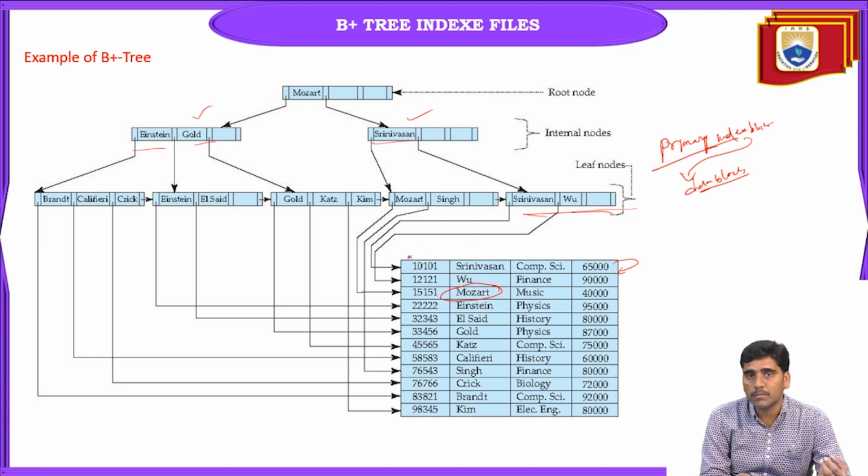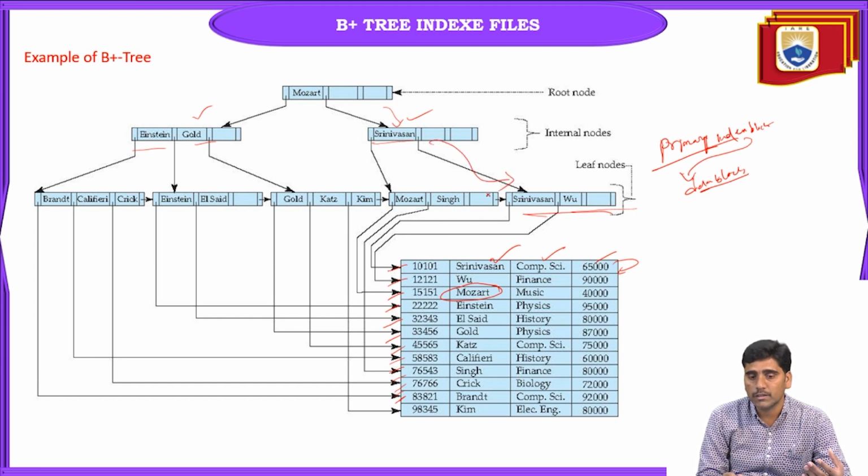Whenever it points towards the next record of the data, it automatically retrieves it for display. Whenever you search for a particular instructor ID, instructor name, instructor department, or instructor salary, the root node points to the internal nodes, and the internal nodes point to the leaf nodes.